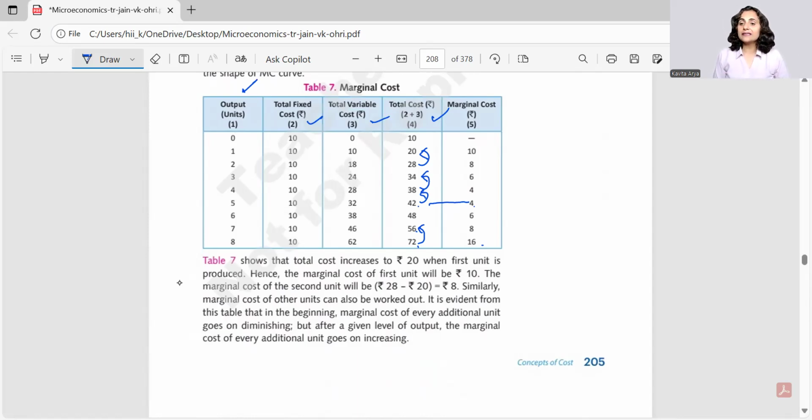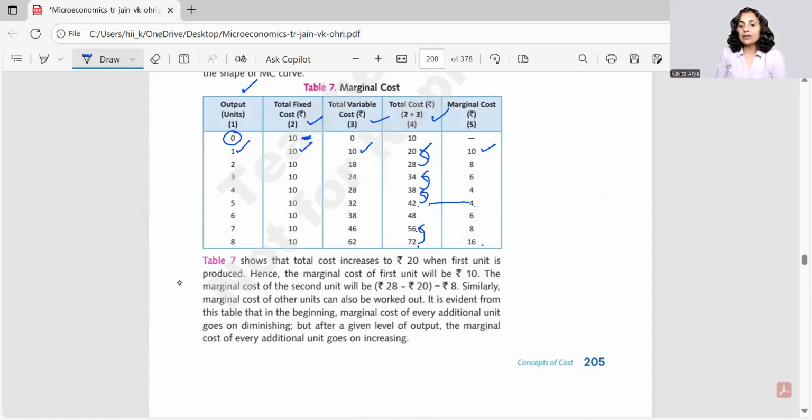But let's understand its nature. To understand its nature, just have a rational look at this table. If we are producing the first unit, we need to invest 10 units in fixed cost, and 10 in the variable to make it 20 as the total, and this is 10 as marginal. Why? Because even when we are not producing, we still have the money invested in fixed assets.